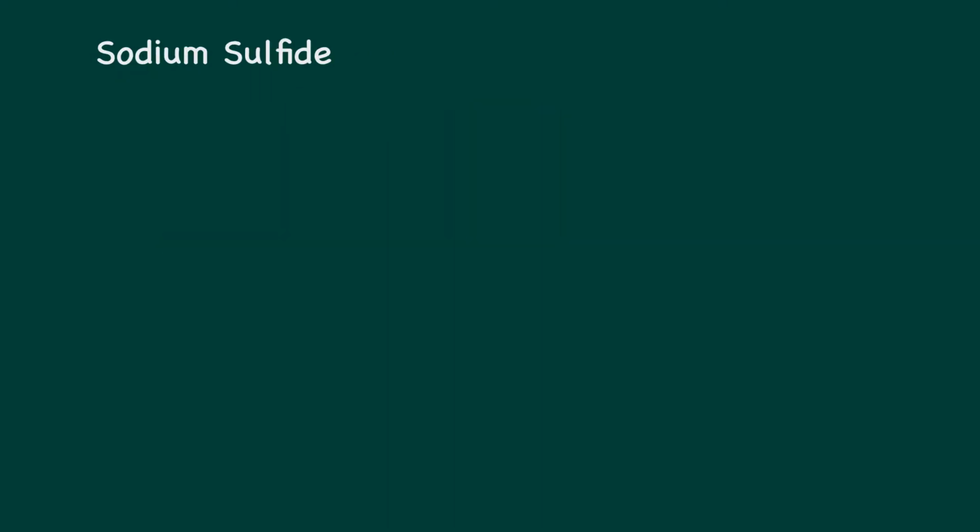Let's take another example of sodium sulfide. And we know that sodium is Na, and sulfide, because it ends with "ide," it must be an element, not a polyatomic ion, and so sulfide comes from the element sulfur.